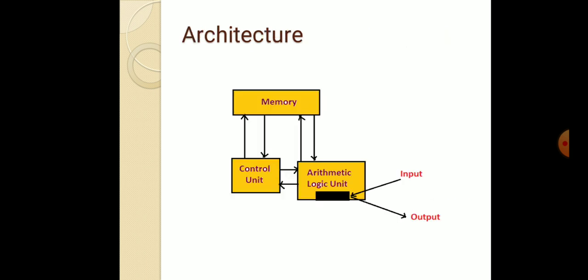So this is the basic architecture of von Neumann, where we have memory, the control unit, and the arithmetic logic unit, connected to input and output devices. In the memory unit we store our data. In the control unit we have control signals which control the overall activity of our computer system. In the third unit we have arithmetic and logical operations which are used to perform particular operations in our system.